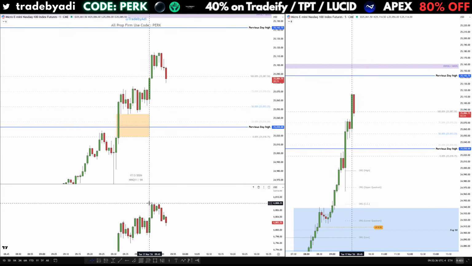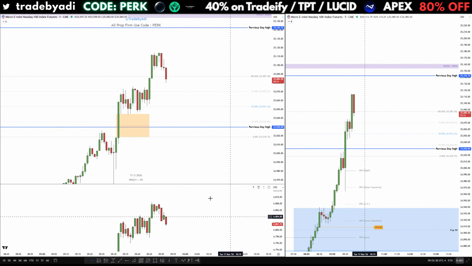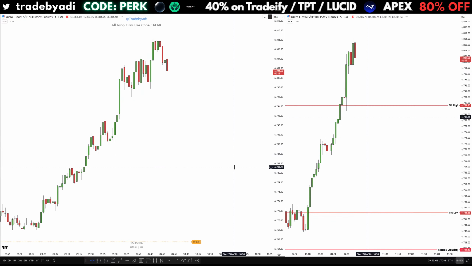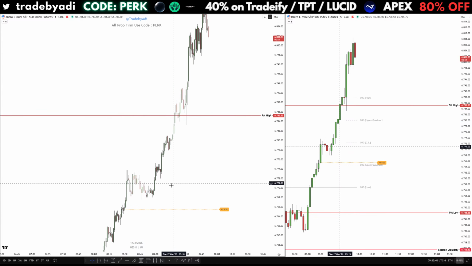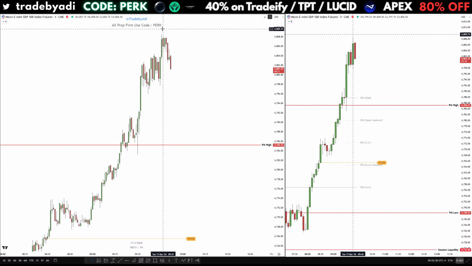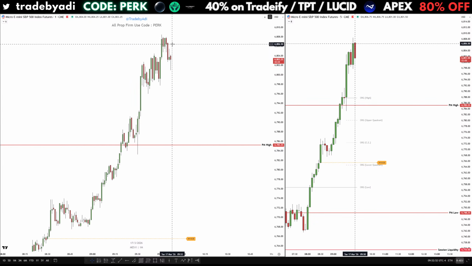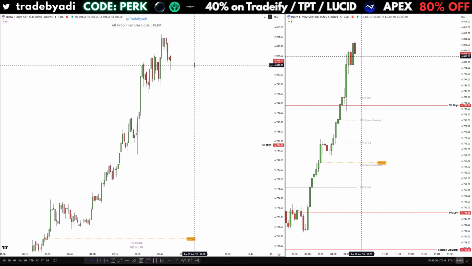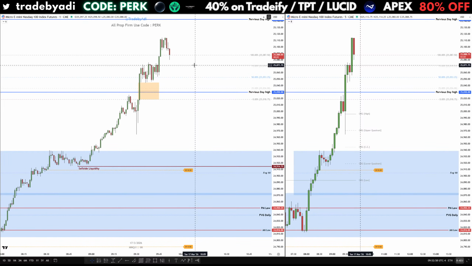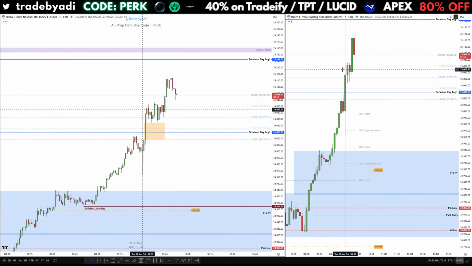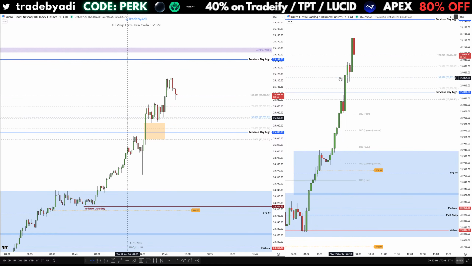Okay, we do have a minor SMT like this. And also on ES we have failure swings. I'm not expecting the big market maker sell model, but let's just see how these fair value gaps and the order block are going to trade.